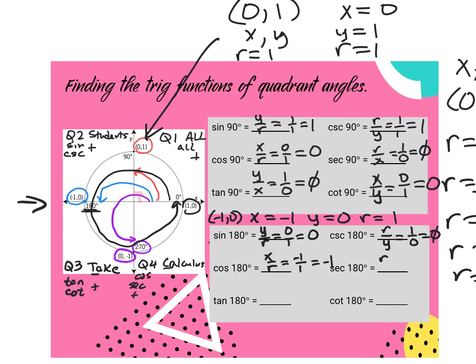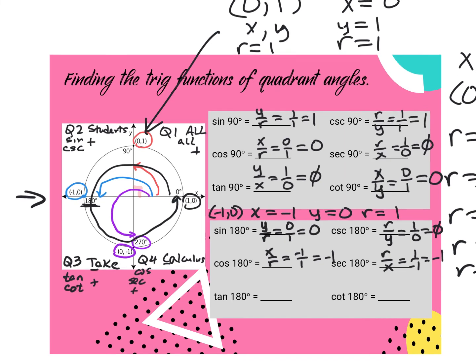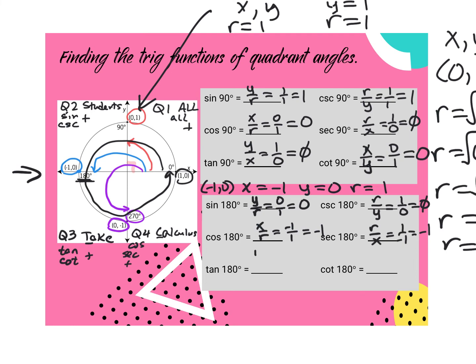Flip it, R over X, 1 over -1, also simplifies to -1. And then tangent, Y over X, simplifies to 0 over -1. 0 is in the top, so it simplifies to 0. But when I flip it, now it's undefined. So -1 over 0, no solution.